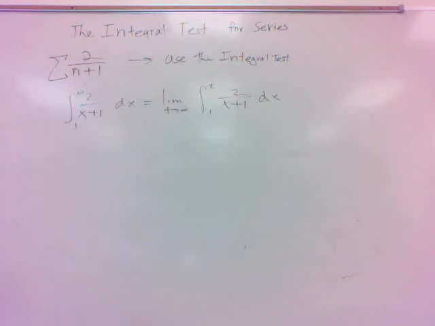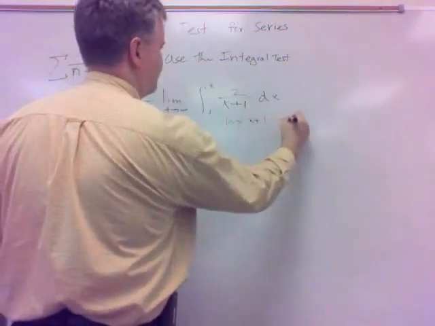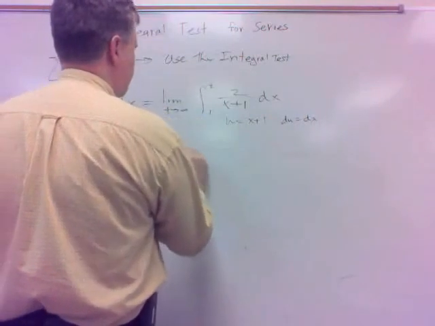Well, use your same basics on those. Any thoughts? It's U-substitution. U equals x plus 1, du equals dx. That works out well, so that's limit t goes to infinity.